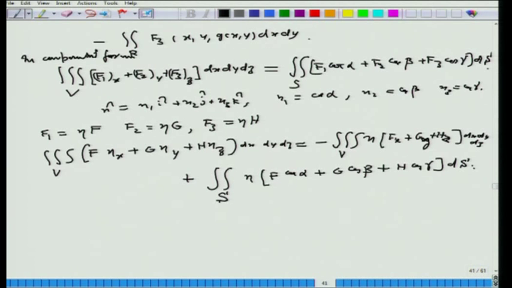So, you can see that this is now 3-dimensional integration by parts. Here the derivatives are on eta, so here eta x, eta y, eta z. Now, we shift these derivatives onto f, g and h, and we get this minus sign here, and so we get f x plus g y plus h z here, and eta becomes free of derivatives, and this is the boundary term, where the boundary is the surface.